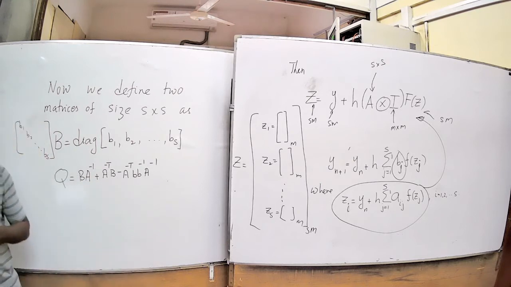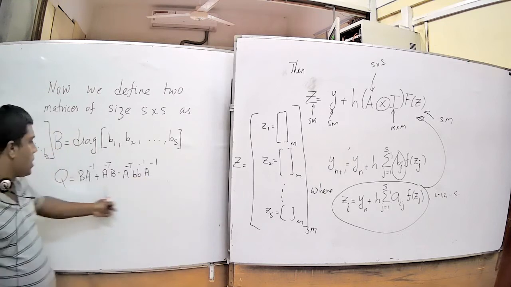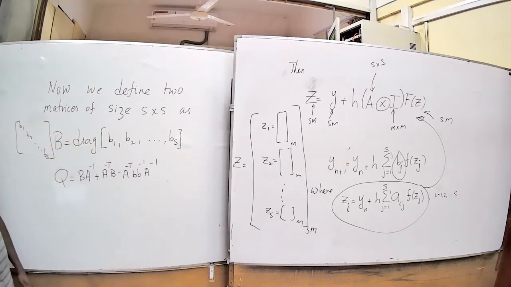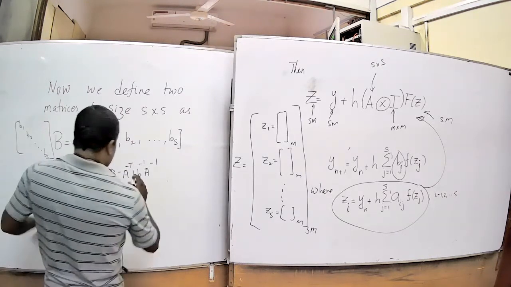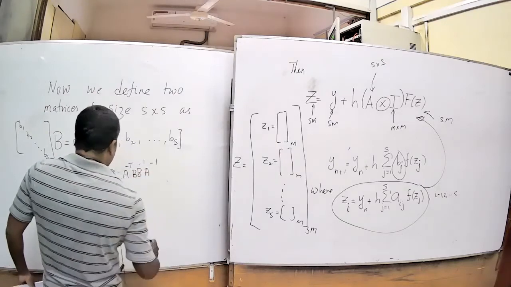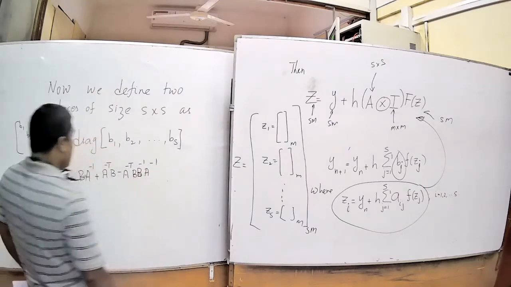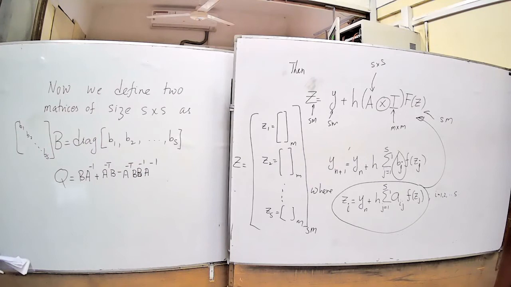Now you already know what B is and what A is, so you can do this term together. Sorry, this has to be capital B. So it is B times A inverse plus A inverse transpose times B minus A inverse transpose B inverse times A inverse.